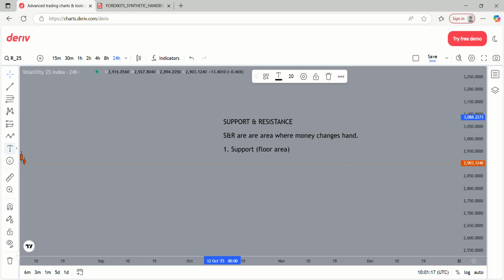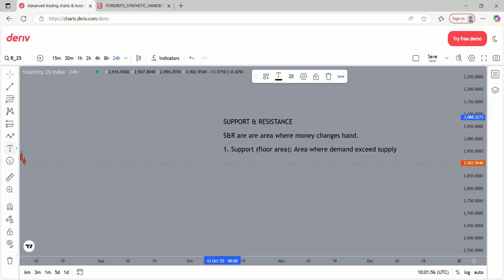I can also say that this is the area where demand exceeds supply. Another way for me to explain this is a situation in the market where there are so many buyers compared to the sellers.